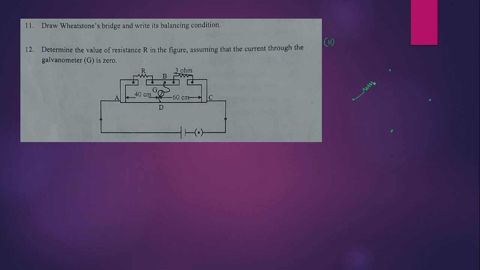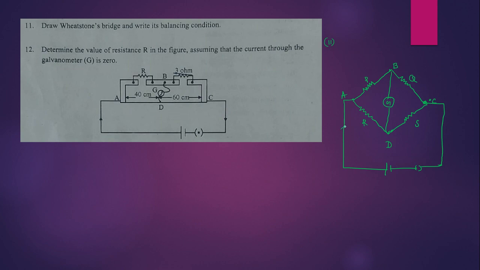The first resistance we can mark as P, the second as Q, the third as R, and this one as S. They are marked as A, B, C, D, and between B and D a galvanometer is connected, and between A and C the cell with a key. So that is the circuit.